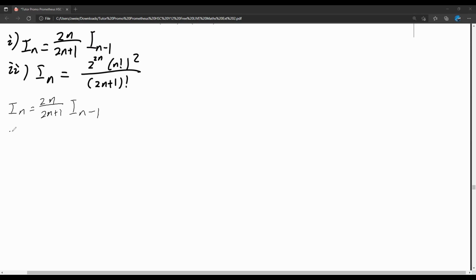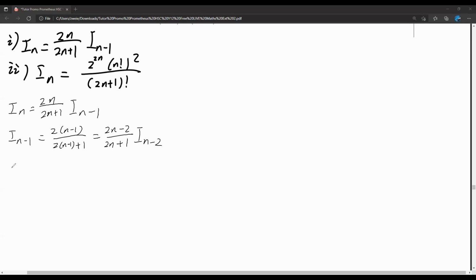Then my I(n-1) will be subbing in n minus 1, so 2n minus 2 over 2n minus 2 plus 1, so 2n minus 2 over 2n minus 1 times I(n-2), dropping one more. Okay, and this will go on.